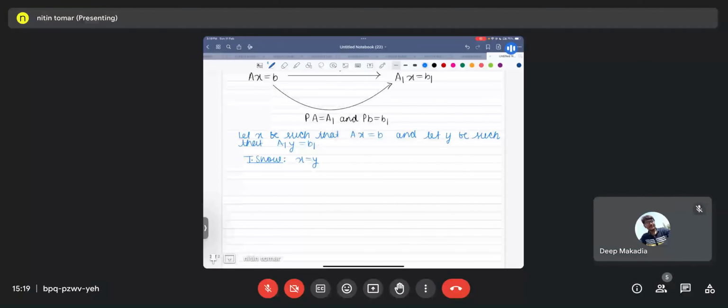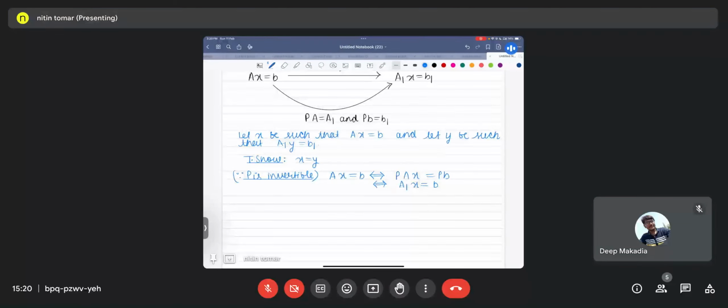And how do you show it? You see Ax equal to B. So this will imply PAx equal to PB. And because P is invertible, this means if and only if, because P is invertible, but we saw that PA is A1 and PB is B1.